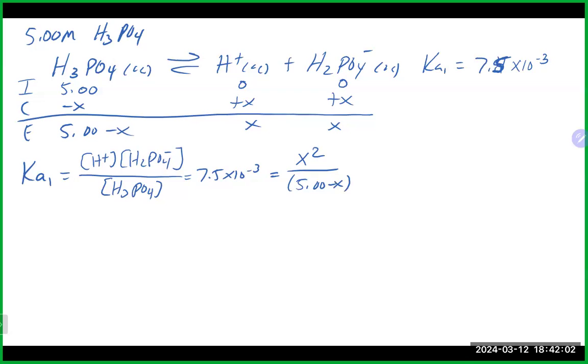I'm going to go and try to assume that x is equal to 0 here. Hope for the best. x squared over 5 would equal 7.5 times 10 to the minus 3. Once again, we're going to multiply and then square root.